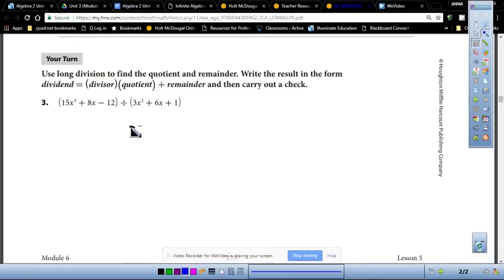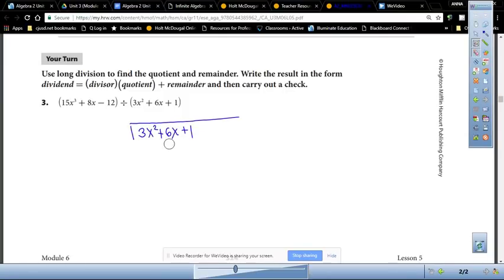So number 3, I'm going to set it up. I'm going to have 3x squared plus 6x plus 1. I am setting it up wrong. Be careful. That's your divisor. So that actually goes on the outside.